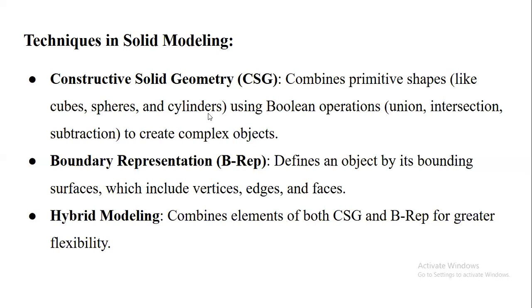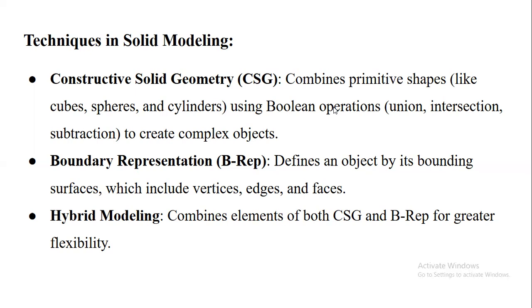Number one is constructive solid geometry. It combines basically the primitive shapes, that are cubes, spheres, and cylinders. Like in 2D modeling, the primitive shapes are lines, circles, rectangles, triangles, or any kind of polygon.